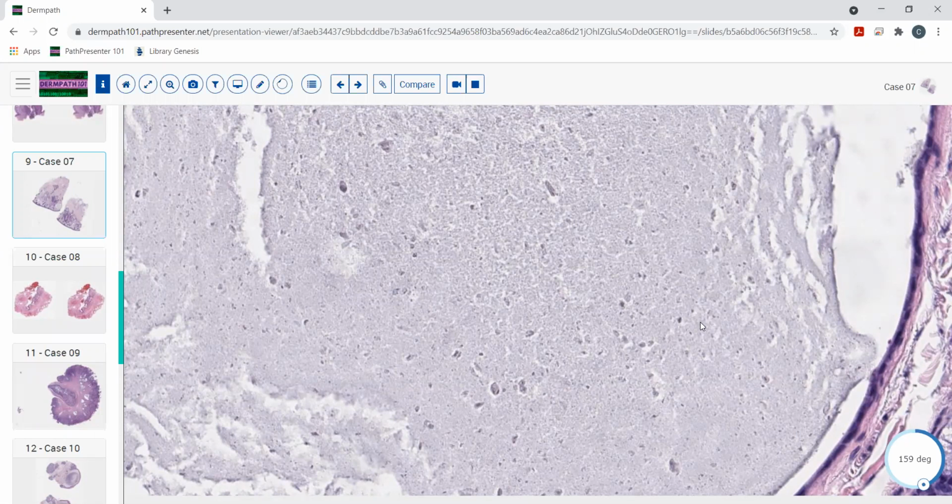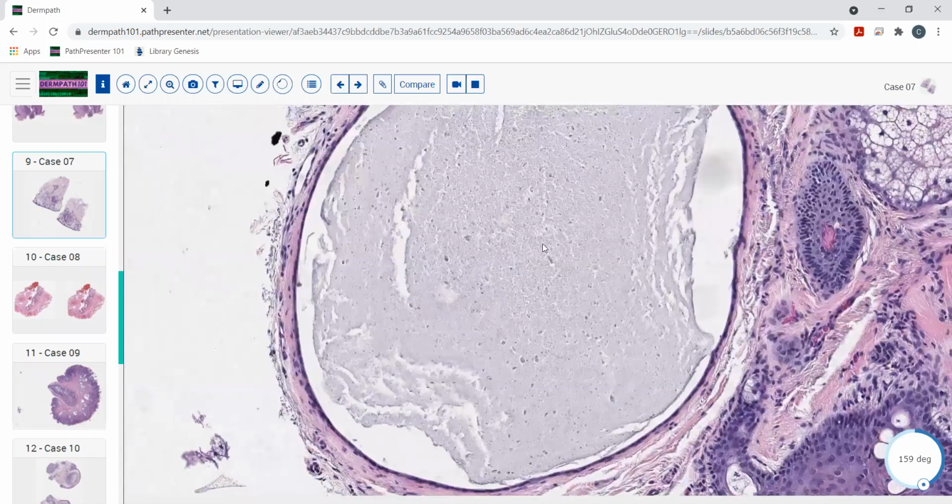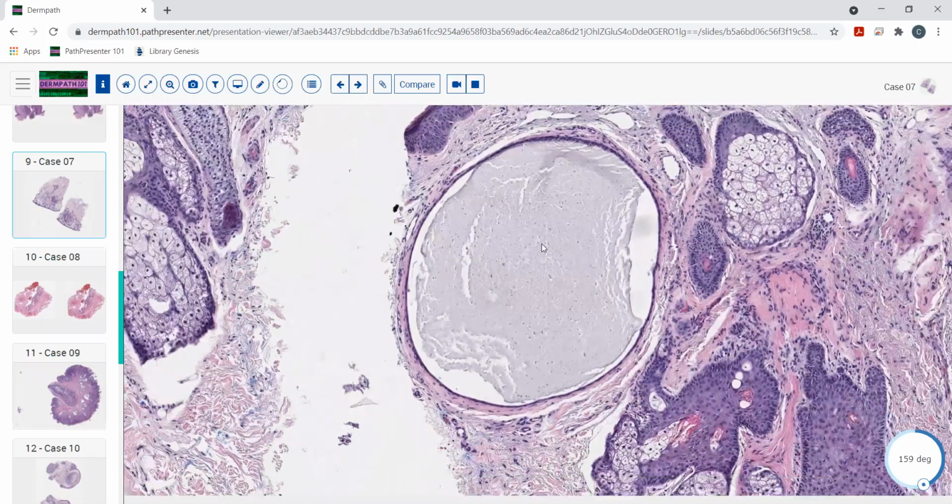Certainly not to the same degree as an apocrine sweat gland, where you're actually taking cytoplasmic products and putting them into the secretion. Here it's basically almost like water, if you will. So this is a different type of secretion. This is an eccrine hydrocystoma.